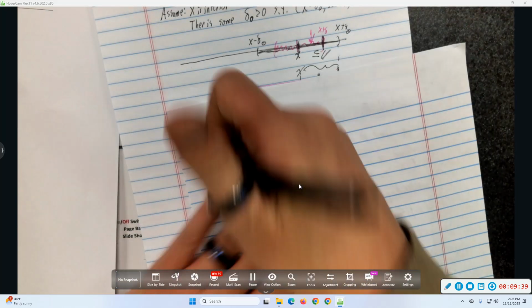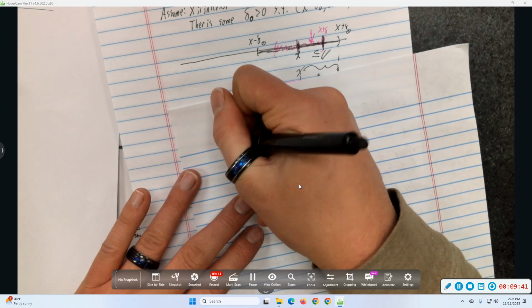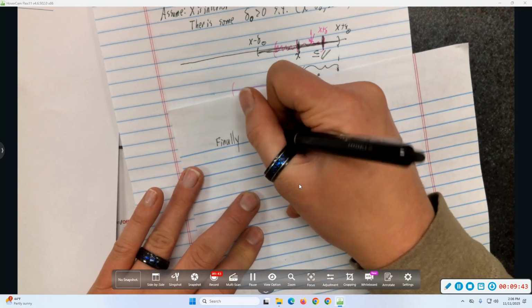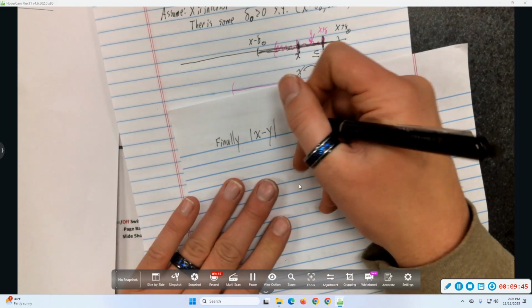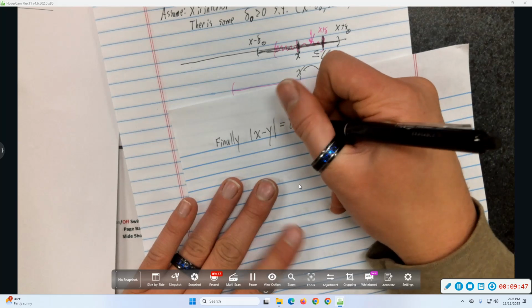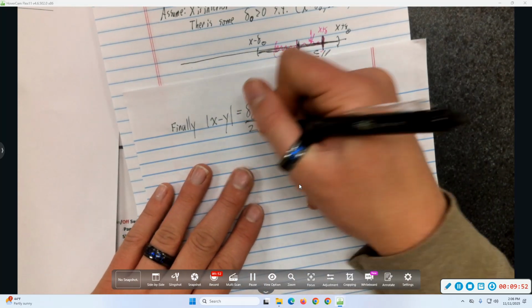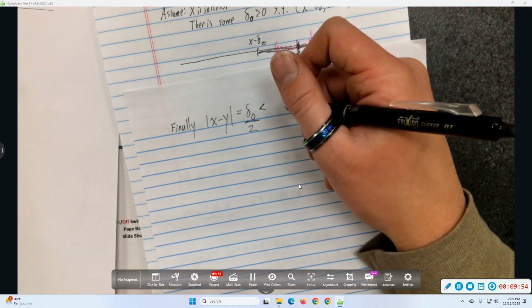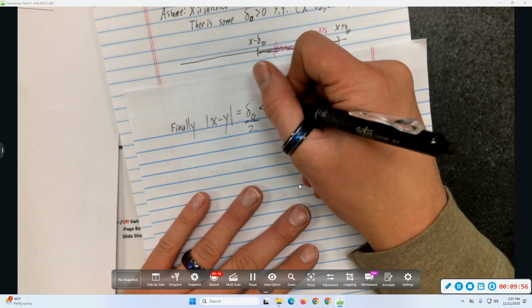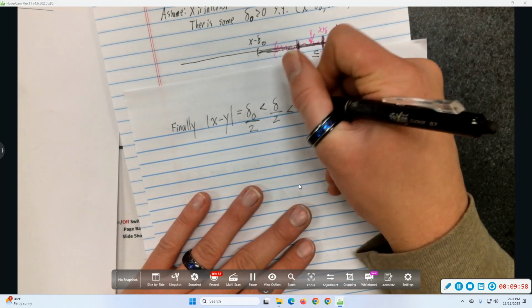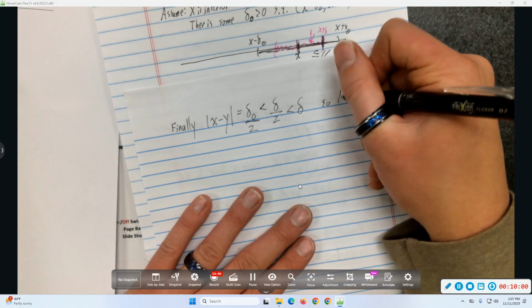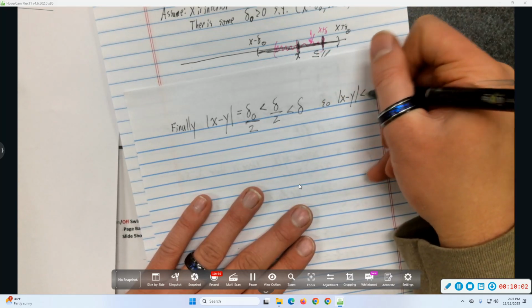Finally, absolute value of x minus y, I want it to be less than delta now. Well, it's not equal to delta 0 right now. Oh, but it's equal to delta 0 over 2. Well, I'm in the case right now that delta 0 is less than delta, so that's less than delta over 2, that's less than delta. So absolute value of x minus y is less than delta.